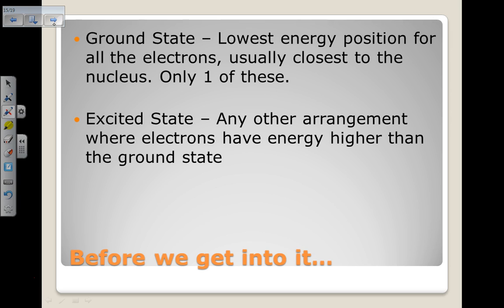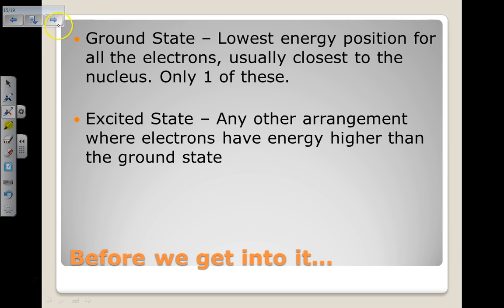The electrons could be further away from the nucleus or occupying a different orbital than they should, and so there are an unlimited number of excited state configurations for electrons. The one that we typically spend the most time on is this guy right here.